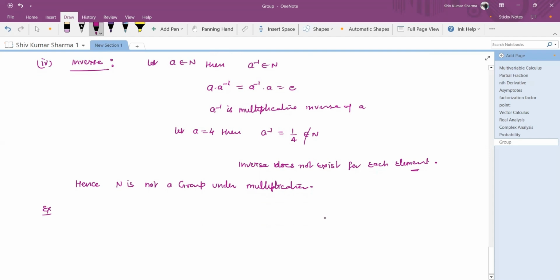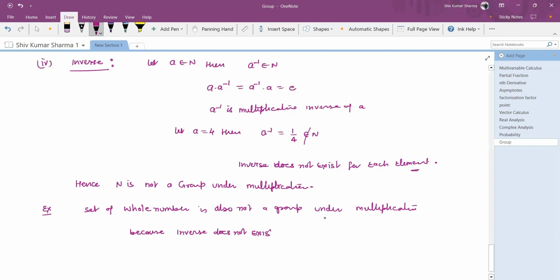Similarly, is the set of whole numbers a group or not under multiplication? No. The set of whole numbers is also not a group under multiplication because the inverse does not exist for each element.